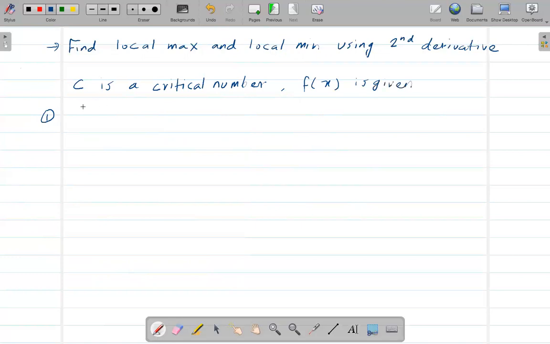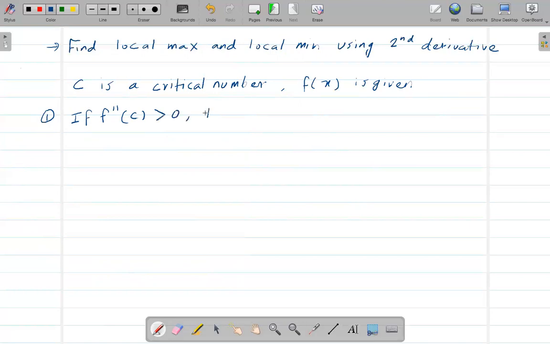Once we get the critical number, we check f double prime, evaluating f double prime at c, the critical point.